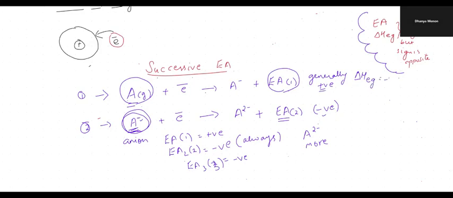Electron gain enthalpy will have the opposite sign. Similarly, electron affinity 2 is negative, so electron gain enthalpy of this particular reaction will be positive. So we will mostly be talking about electron affinity; electron gain enthalpy will have the opposite sign. That's it, to avoid confusion.